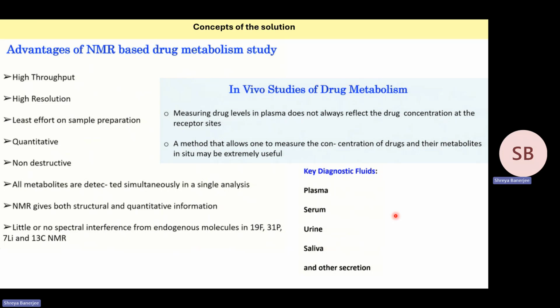You're taking the blood out and measuring the concentration of the metabolite in the blood, but it is not measuring the drug level at the exact site at which the drug is interacting. That is where in vivo NMR comes in. In vivo, the advantage is that it measures the concentration of drug in the exact location where the drug is acting, and this is helpful because plasma is just an indirect measurement.